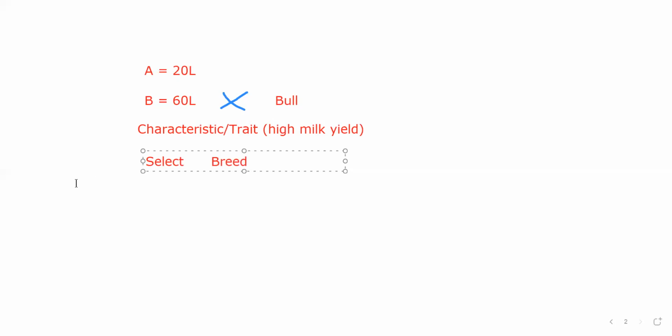So you've done 2 things: select and breed. Are we clear? This should therefore bring you to one terminology, which is selective breeding. Do you understand now what it means?